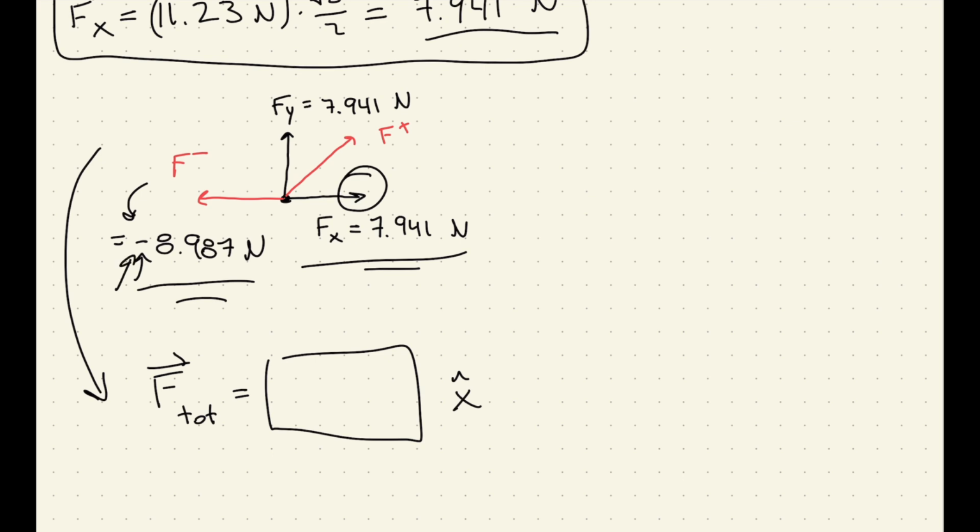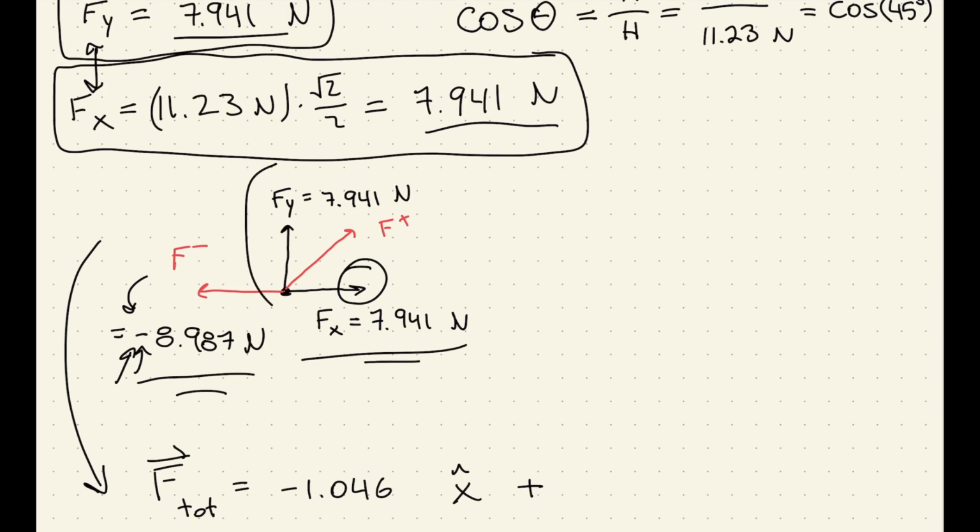Because in the negative direction we have a stronger force. Negative 8.987. When you add those two up, 7.941 minus 8.987, we get minus 1.046.